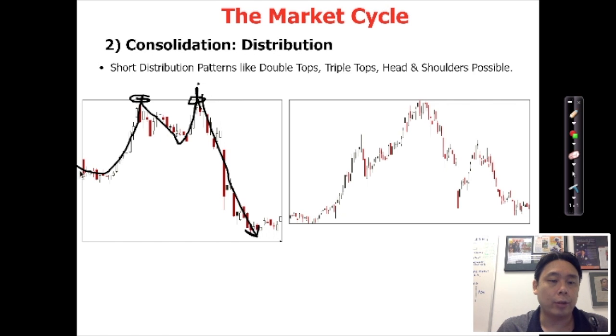So some traders, what they do is they see this first top, and once they see this second top exceeding the high of this, they wait for a bearish candlestick reversal pattern.